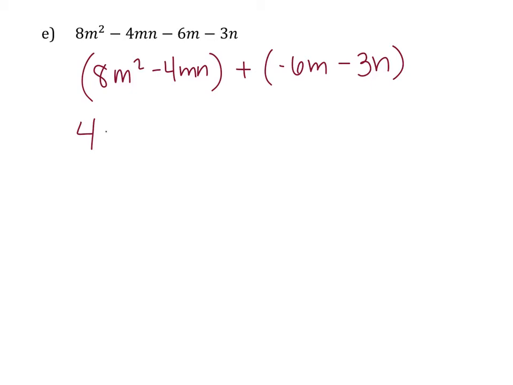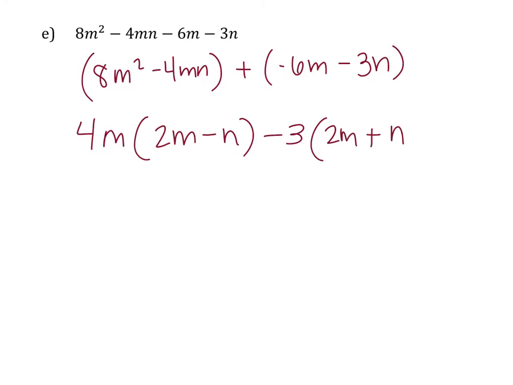I can pull out at least 1m, left with 2m minus n. For this one, I want my first term to be positive again, so I'm going to pull out negative 3. I have 2m plus, negative 3 divided by negative 3 is going to be plus n.